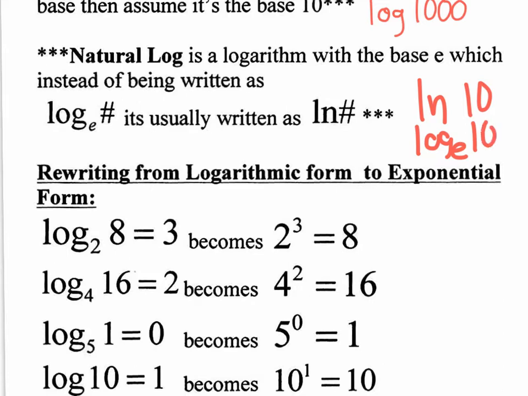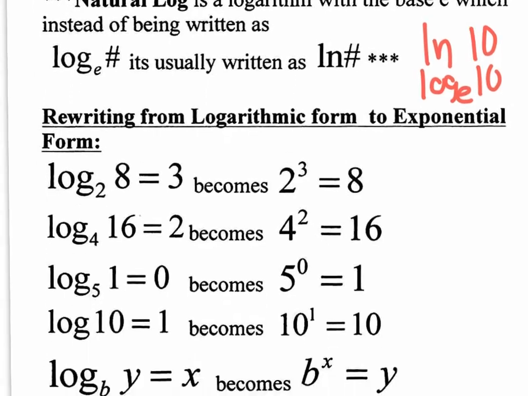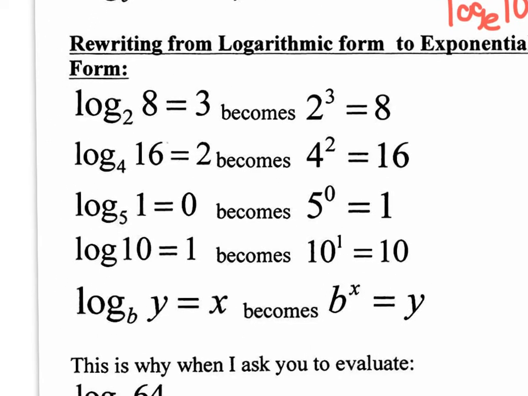Okay? Just keep that in mind. ln is really log base e. And what is e? It's 2.72, roughly. Kind of like pi is 3.14, but it's not really 3.14. It continues forever. Same thing with e. It's an irrational number. We're just going to call it 2.72. Anyway, let's finally get to the stuff that makes sense here.